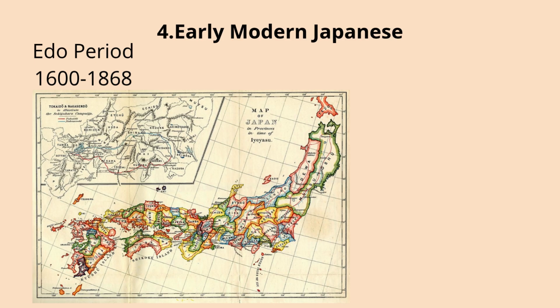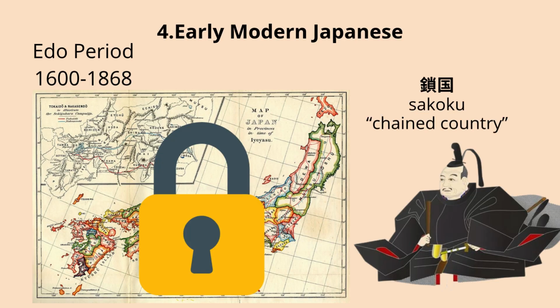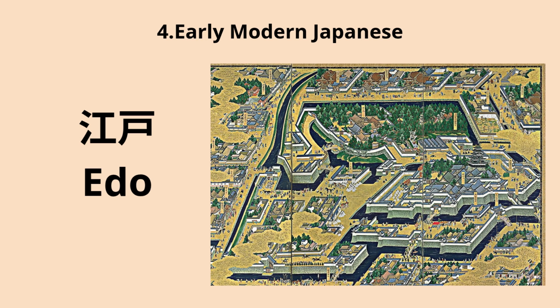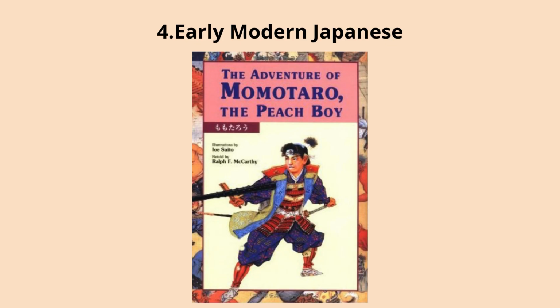Then came early modern Japanese during the Edo period from 1600 to 1868. This was a long time of peace, with Japan mostly closed off from the world under the Tokugawa government. Edo, the actual Tokyo, became the main city for politics and culture. As cities grew, a lively culture for common people developed.